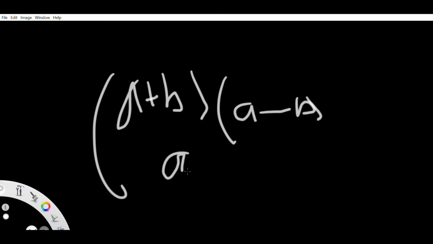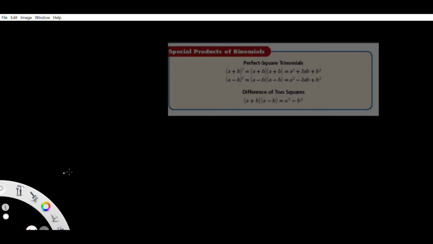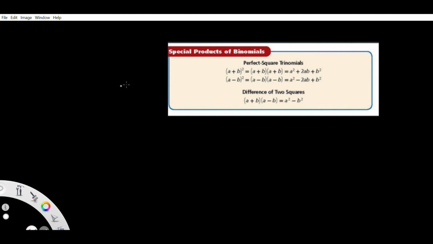So we just get a squared minus b squared. This is known as the difference of two squares. Here we have a picture showing what special products of binomials are: perfect square trinomials and difference of two squares.